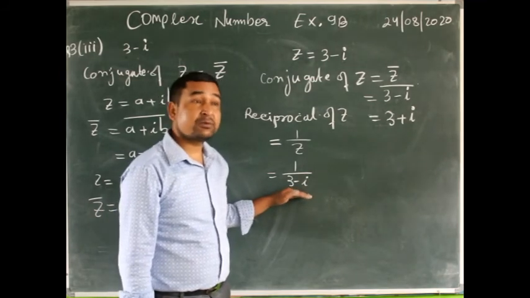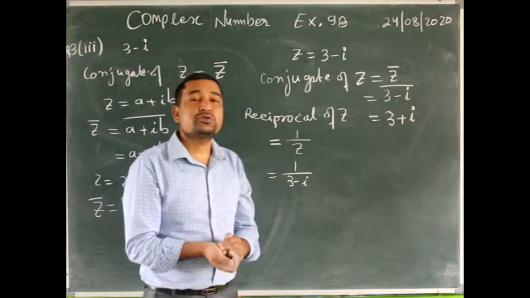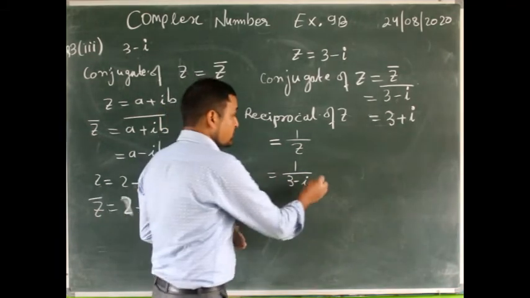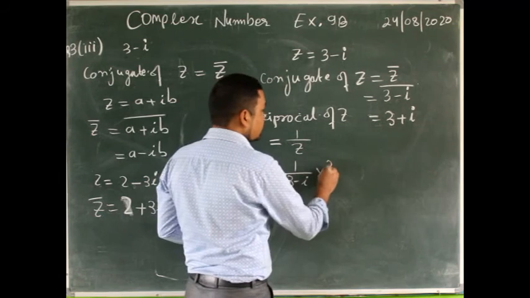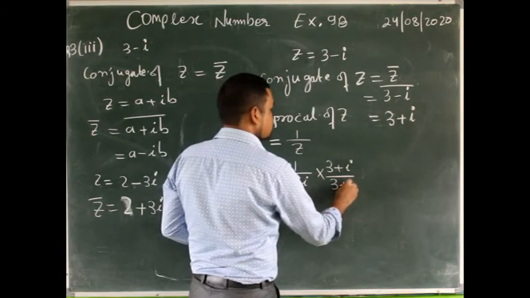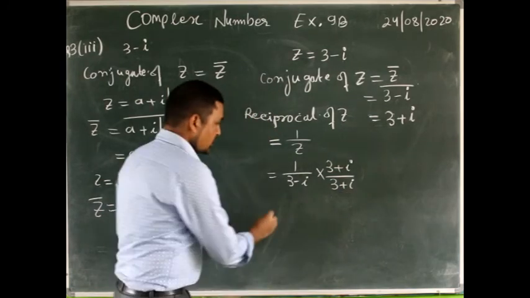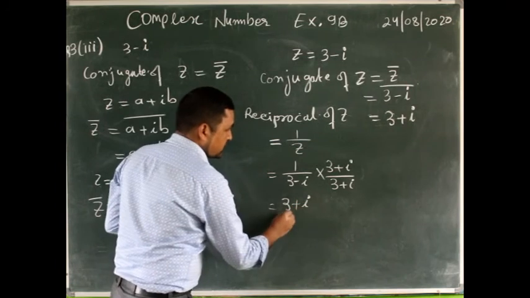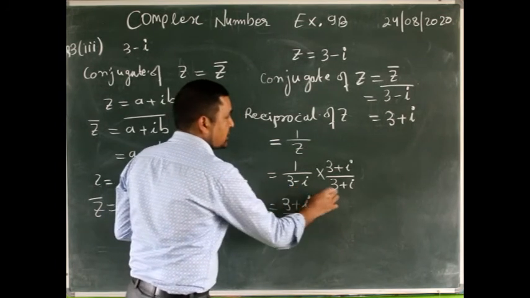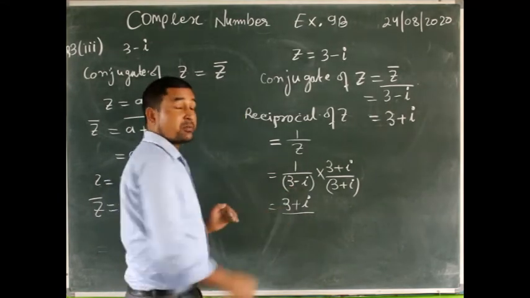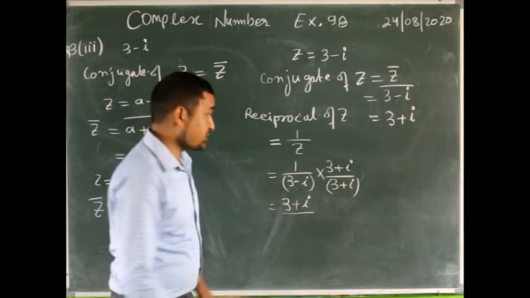To remove the complex form from the denominator, always do rationalizing. Now we are doing the rationalizing. Multiply by 3 plus i over 3 plus i. Now the denominator is a minus b times a plus b.